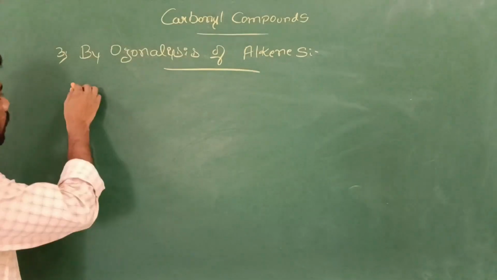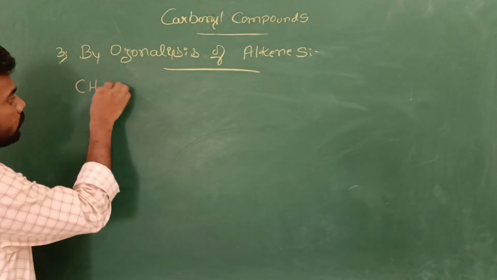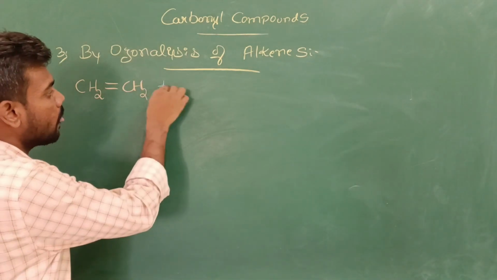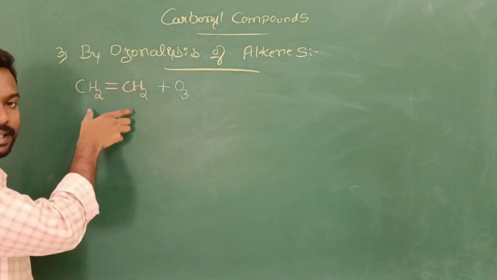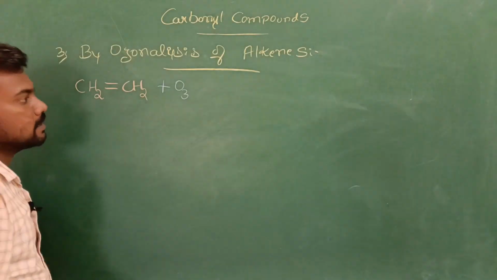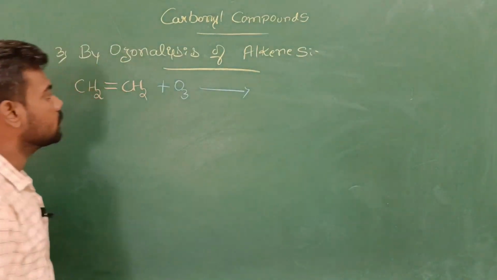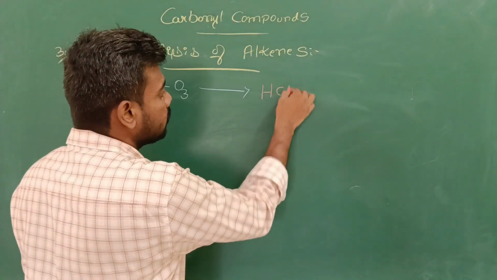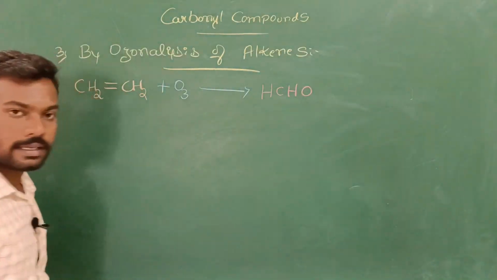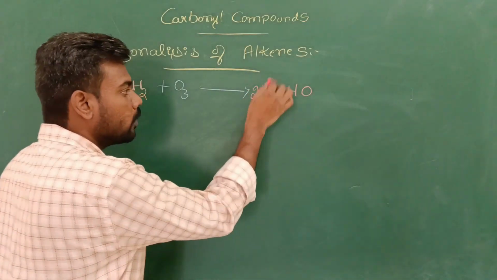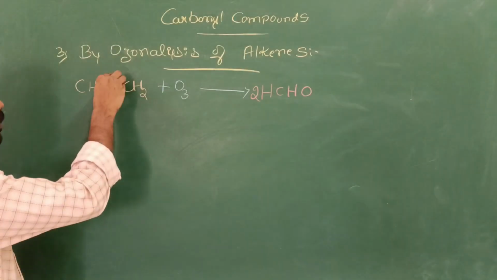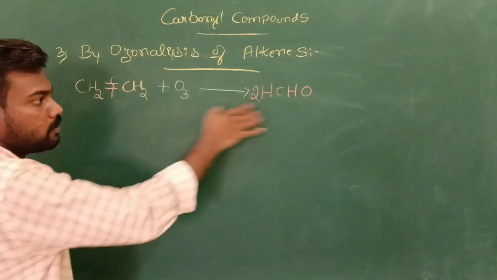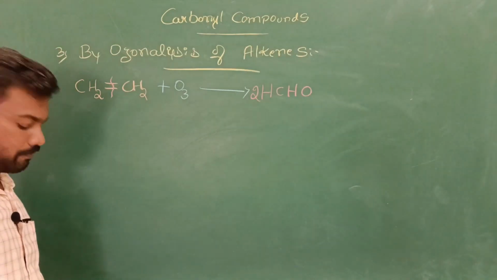For example, when ethene undergoes ozonolysis, it forms formaldehyde. See here, the double bond will break and it forms 2 moles of formaldehyde.